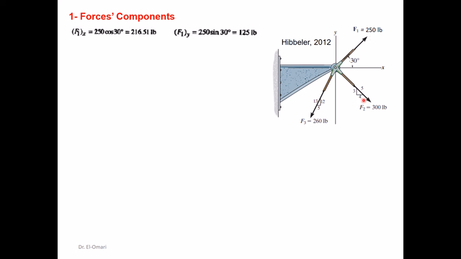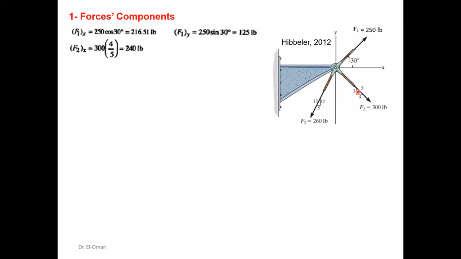F2, if you look at the horizontal component, it is parallel to that 4. If we set a relation, 4 over 5 is equal to F2x over F2, then we can just write that F2x is 300 multiplied by 4 over 5, and this will give you the x component.